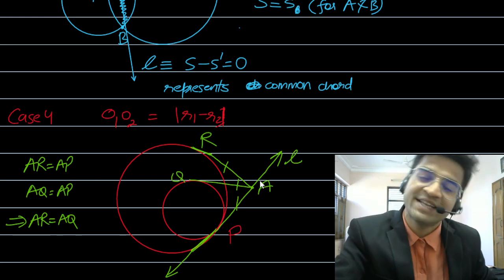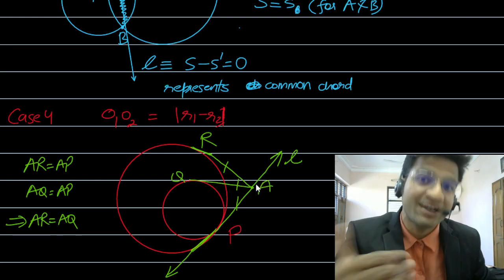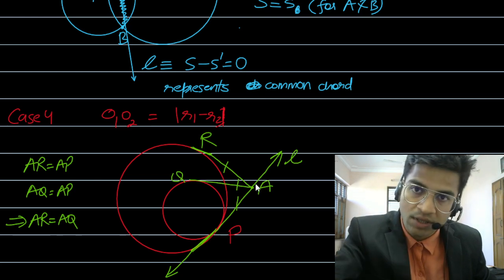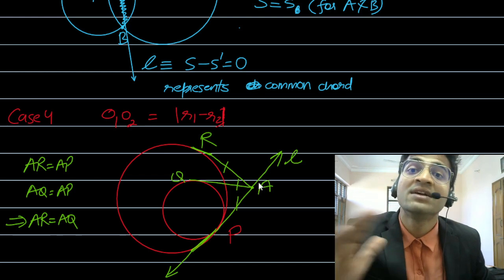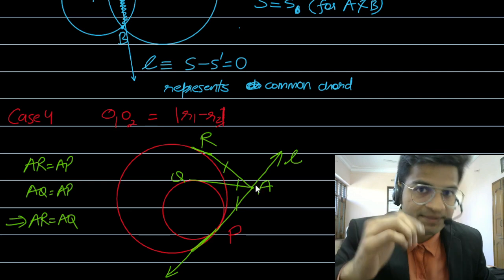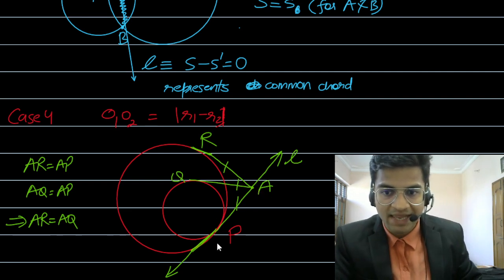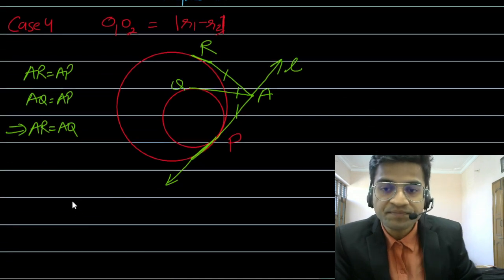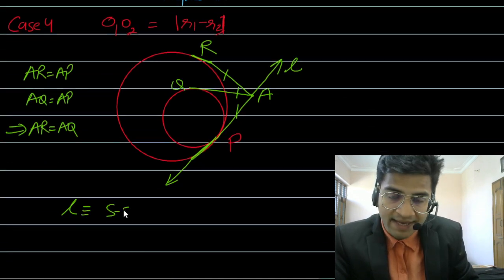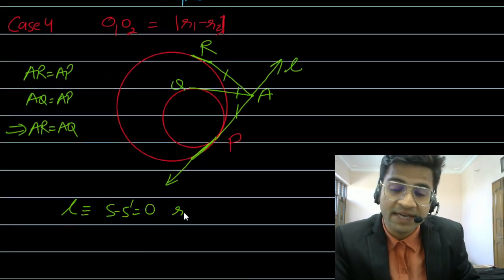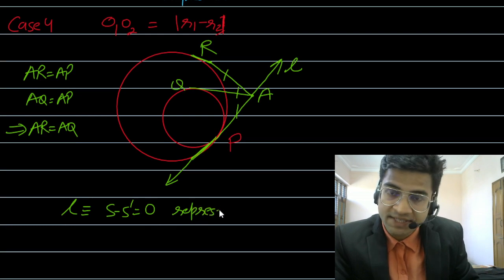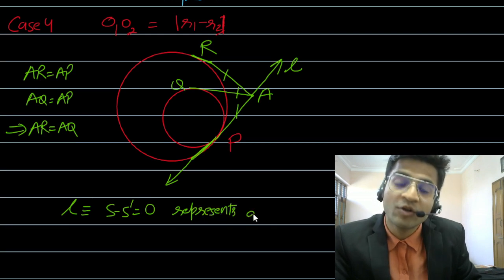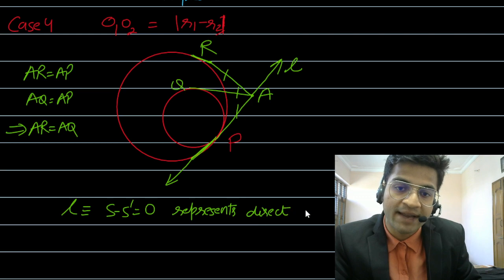In this particular case, there is only one type of common tangent possible, that is the direct common tangent. The centers of the two circles are lying on the same side of the line. So this L, S minus S dash is equal to 0, represents the direct common tangent.